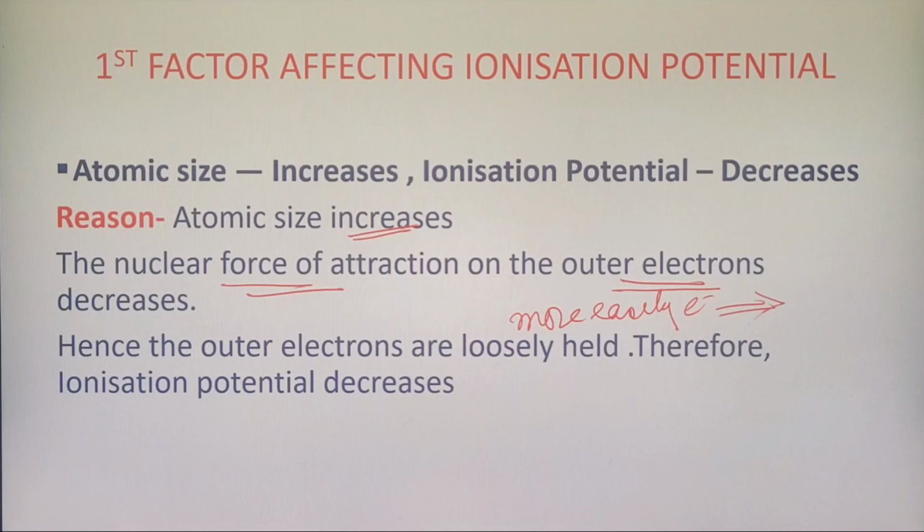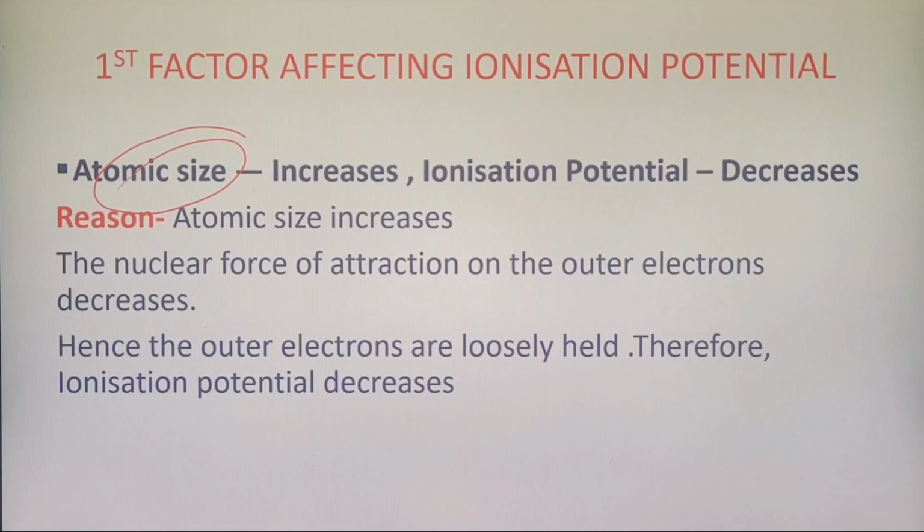Okay, so the more easily the electron will be removed, the less will be the energy. Clear? So the first factor that is affecting ionization potential is atomic size. As the atomic size increases, the more the distance from the nucleus to the outermost shell, the ionization energy also will decrease.